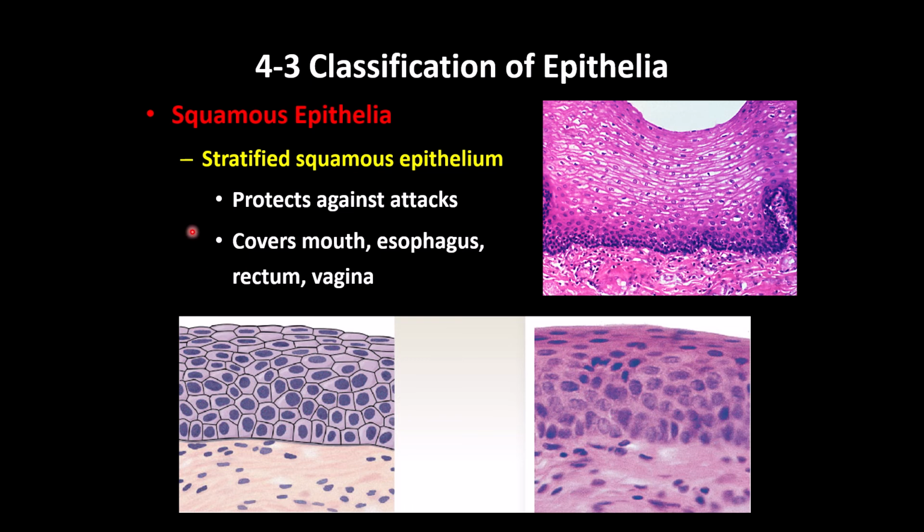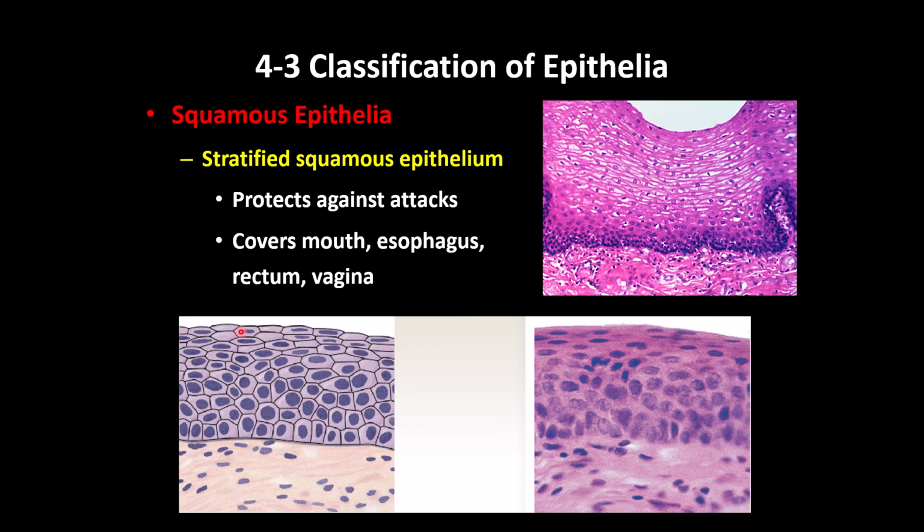This is for protection. You can see that in the skin, in the mouth, in the esophagus, and the rectum and vagina. So anywhere there's a lot of friction going on, there it is for protection against physical, chemical, or biological damage. This is why you have it here.